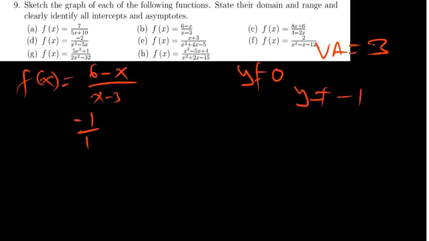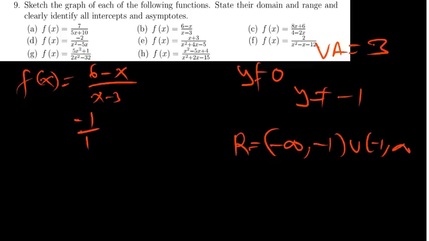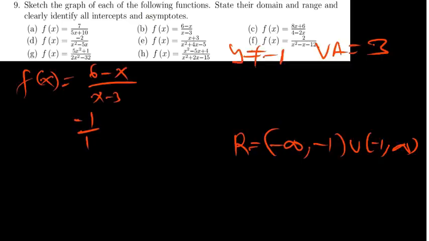But again, if you want, you can make x the subject of the formula, then you are going to find it. Now my range is going to be from -infinity to -1, union -1 to +infinity. What we have to remember here is that the same range, we are saying that y should not be equal to -1. That is my horizontal asymptote at -1.